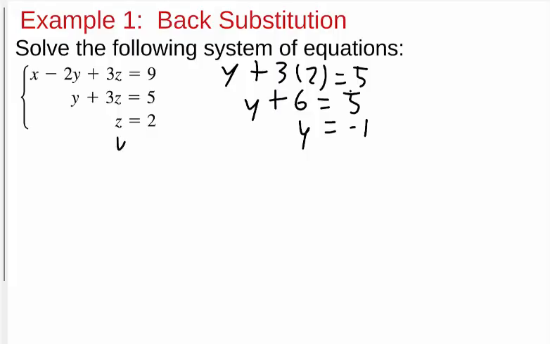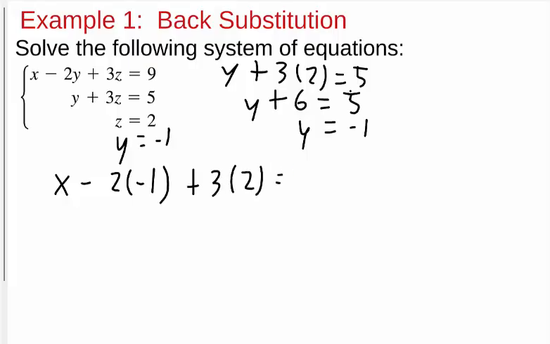So let's just write that down. Y equals negative 1. So now we substitute into the first equation. X minus 2 times negative 1 plus 3 times 2 is equal to 9.